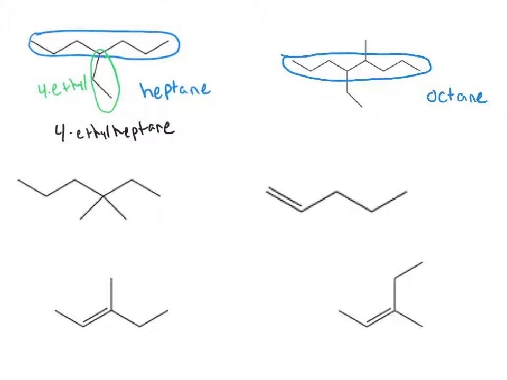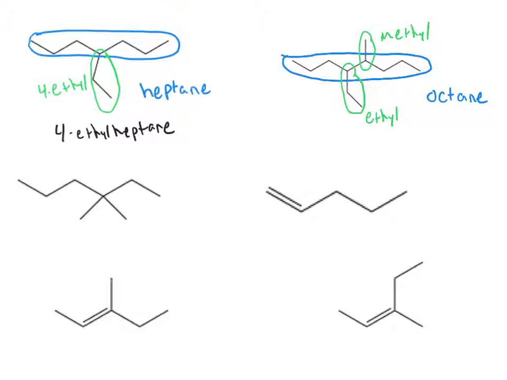And so now we need to look towards our substituents. We have a substituent here consisting of 1 carbon. So that's a methyl substituent. Substituent here consisting of 2 carbons. So that's an ethyl substituent. And then we need to look at our numbering.